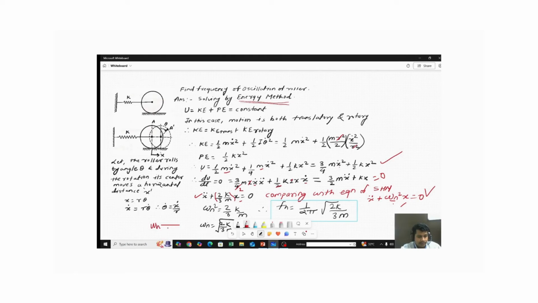Omega n is equal to 2 pi f, right? So this f is the frequency we have to find out. So frequency is equal to 1 by 2 pi square root of 2k by 3m. So in this way we can find out the frequency of oscillation of the ruler.